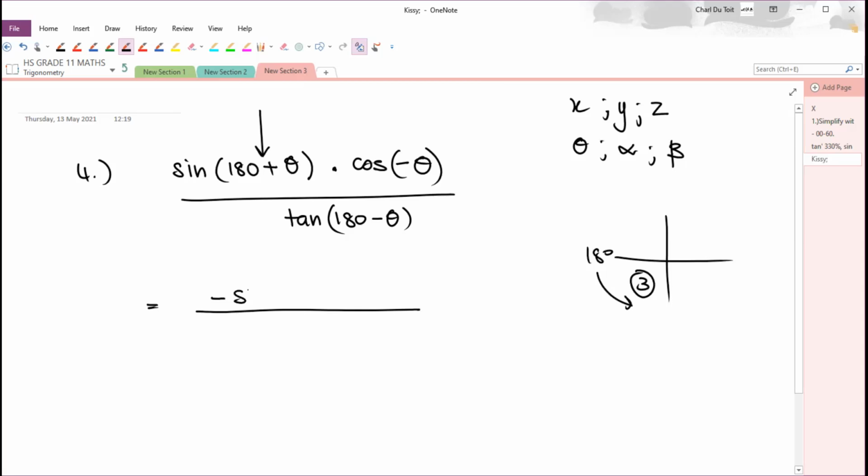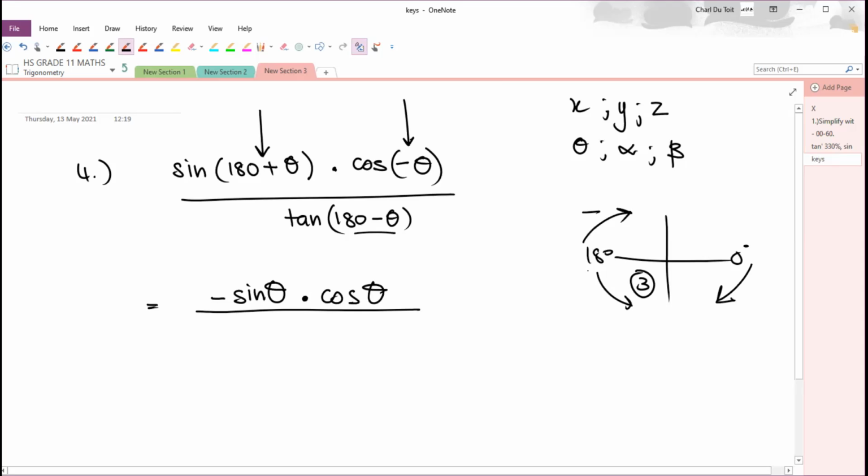So that's negative sin theta, times cos of minus theta. 0 minus theta is the fourth quadrant, and that's positive cos. And at the bottom, I have 180 minus theta. That's second quadrant, so that's negative tan theta. Now these two negatives just cancel one another. Negative divided by a negative is positive.